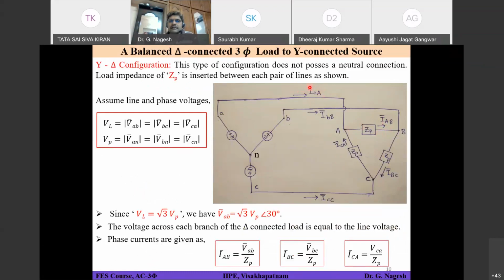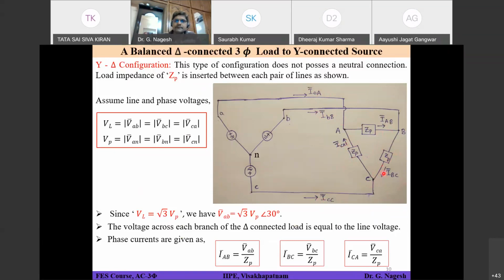This line current IAA is going to lag with respect to this IAB by 30 degrees. If you talk about ICC, it will be lagging 30 degrees with respect to ICA. If you talk about IBB, it will be lagging 30 degrees with respect to IBC.